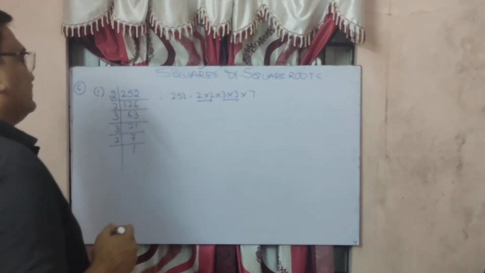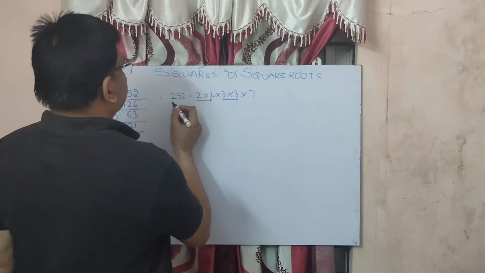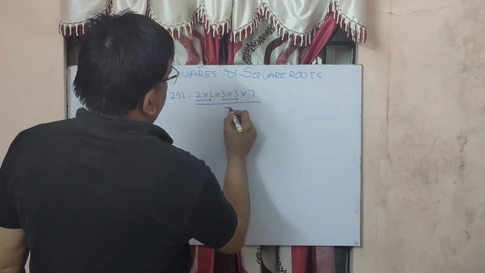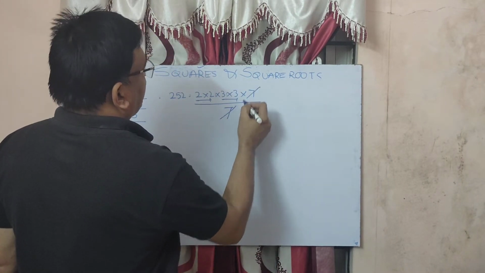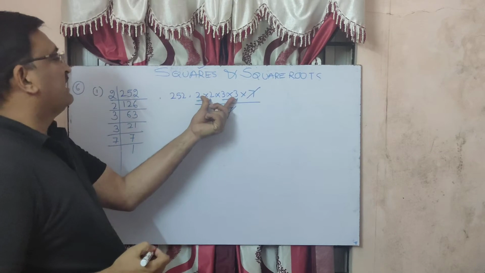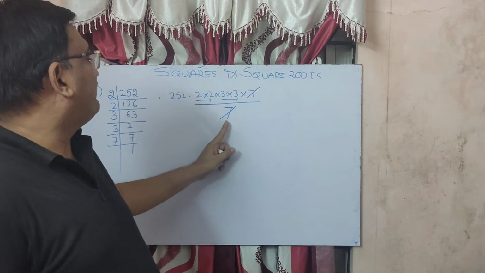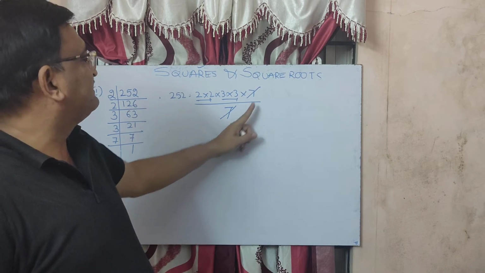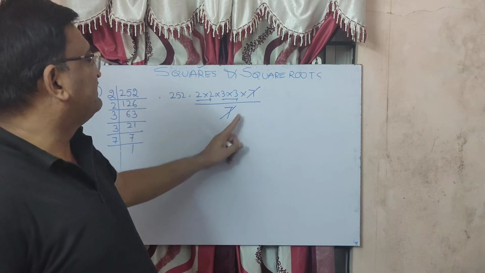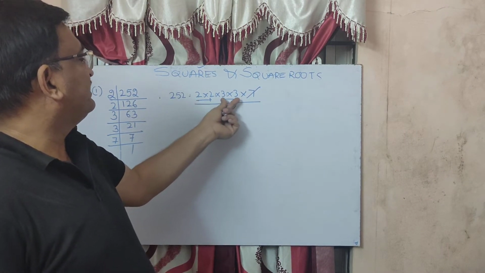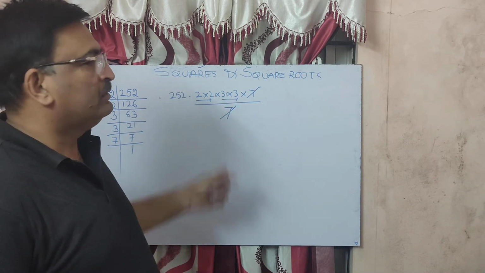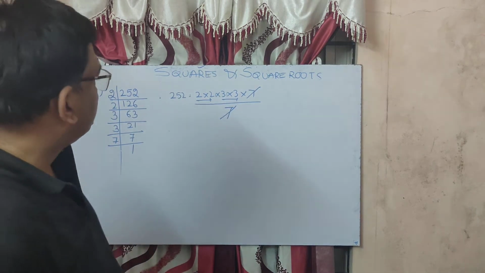That means if you divide this number by 7, you should get a perfect square. Now you can see the 7 is the only single number. If you divide it by this number, then you can see only 2 pairs of numbers will be available.